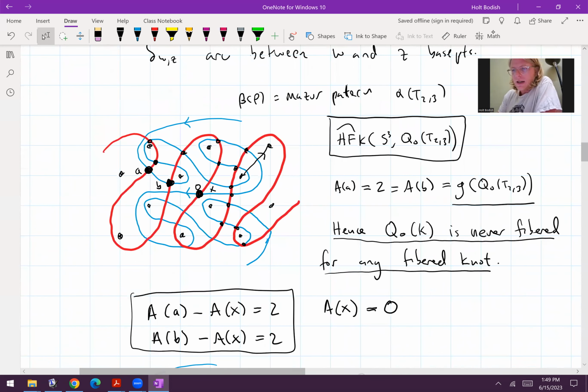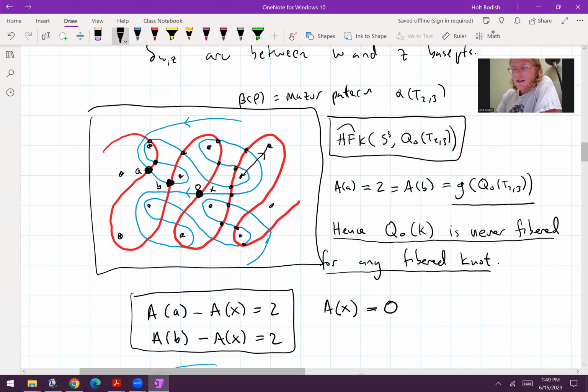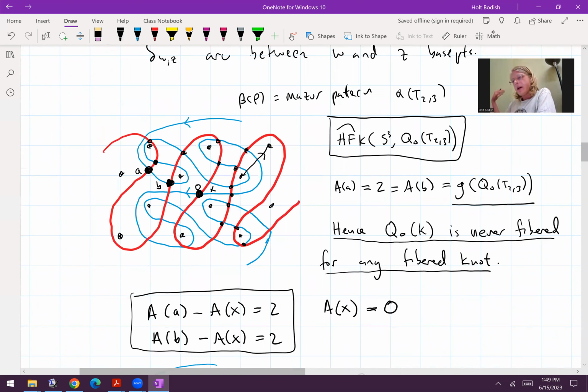Here's a pairing diagram. I've drawn it now lifted to the universal cover minus the pre-images of the W and Z base points. Here's W and Z, W and Z, W, Z, etc. And I claim that the beta curve, the blue curve here, is the beta curve associated to a genus 1 doubly pointed bordered Heegaard diagram for the Mazur pattern, Q, that we discussed in the previous talk.